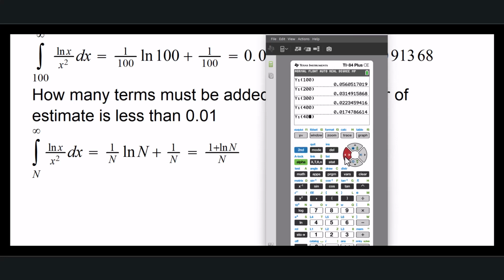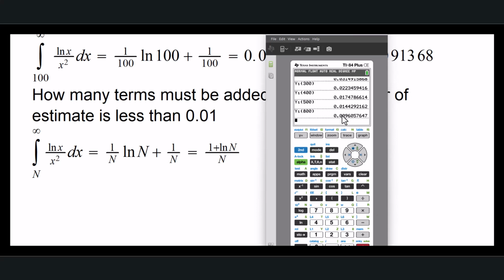Since I just want to go in a relaxed manner, let's take a big leap forward here. This time let's go to 800. Now here we are getting close to 0.01. So let's see what it would have done at 700. At 700 it is more, so the value of big N will occur between 700 and 800.